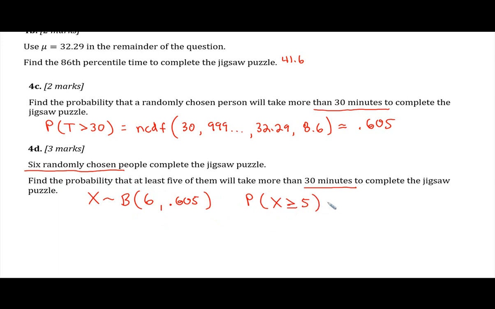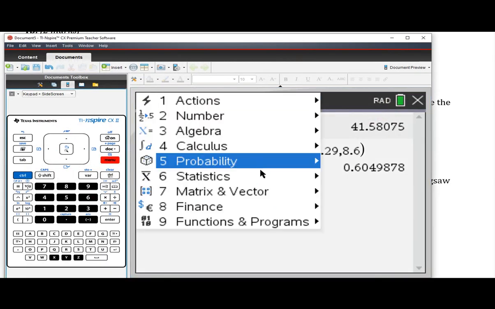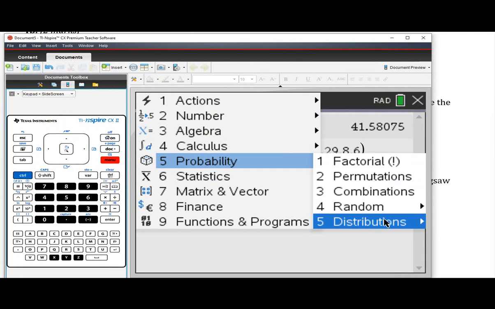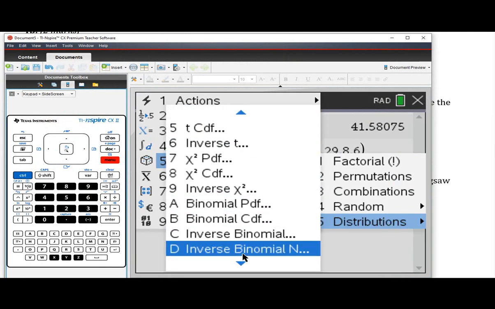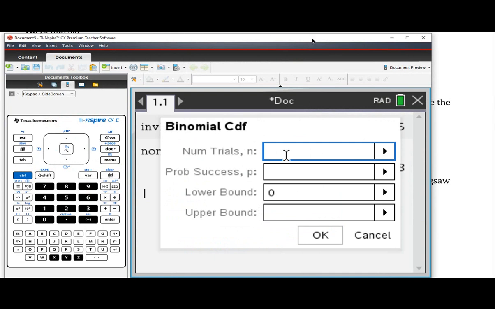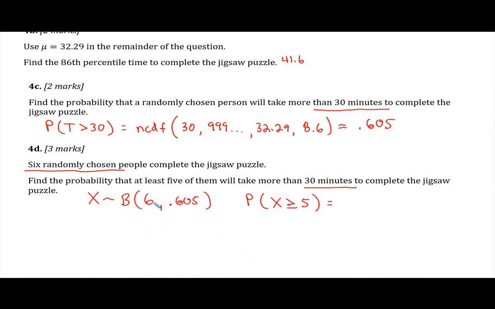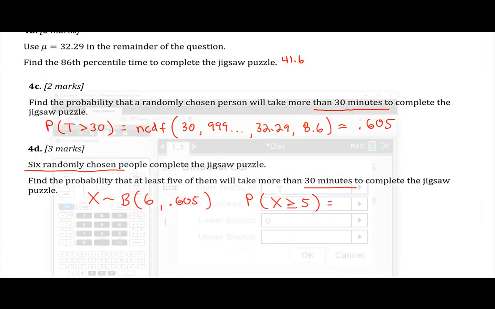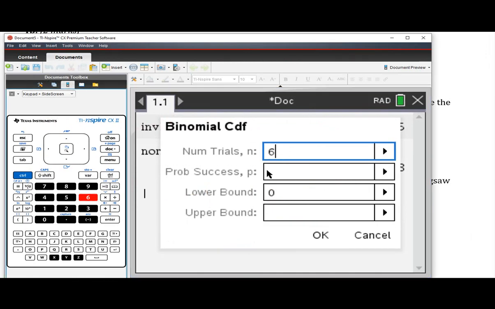Okay, and then let's calculate this. So binomial CDF. We have probability distribution, and this is a binomial CDF now because it's an inequality. Our number of trials, I believe there were 6 people, so the number of trials is 6.